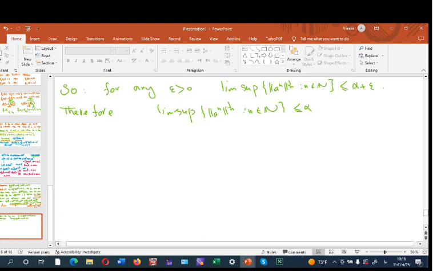Since this holds for any epsilon, you can let epsilon go to 0, and we have this inequality. Okay?